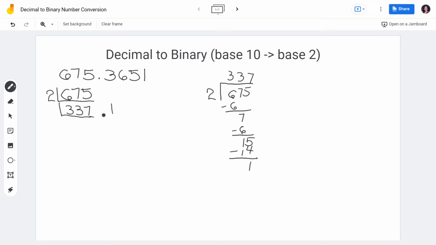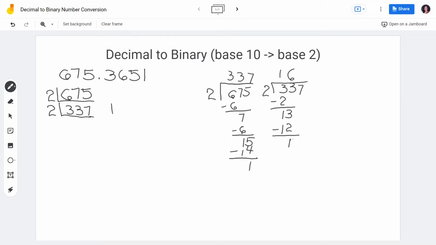And then next, we divide 337 again by 2. 337 divided by 2: we have 1 times 2, so 3 minus 2 is equal to 1. Then 13 divided by 2 is 6, 6 times 2 is 12, and 13 minus 12 is 1.